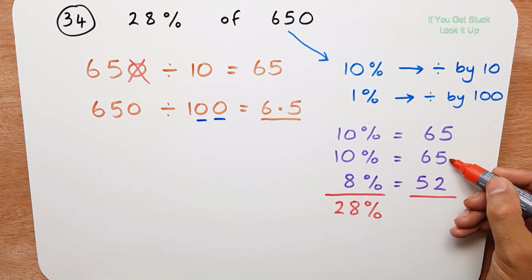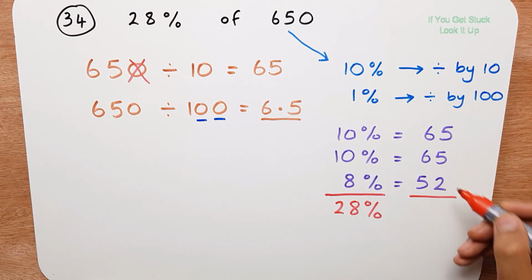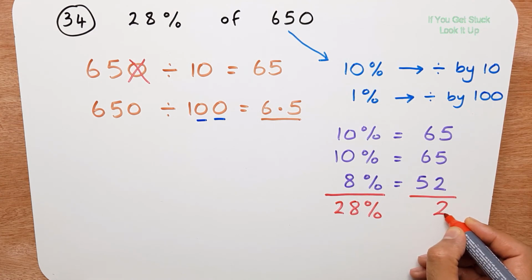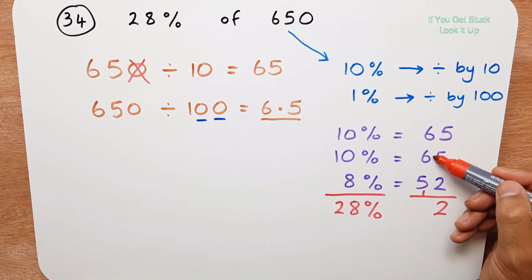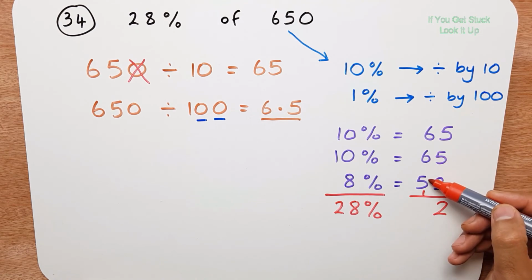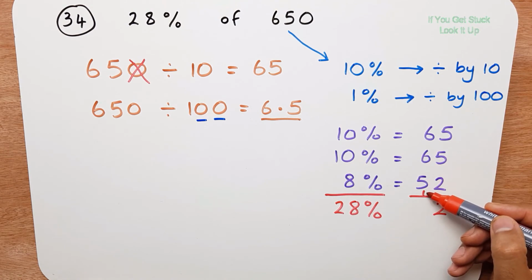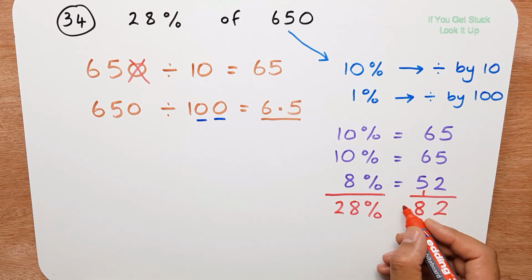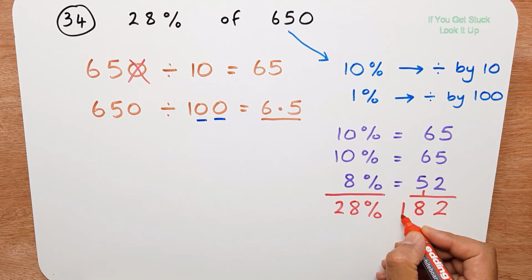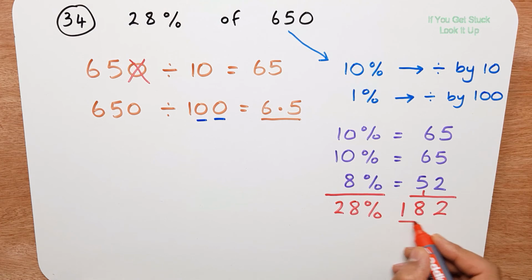So 5 plus 5 is 10, plus 2 is 12. I put the 2 down and I carry the 1 to the next column. 6 plus 6 is 12, plus 5 is 17, plus the 1 I've carried over is 18. So I put the 8 down and I carry the 1 to the next column, and I can write that straight down because I've finished.